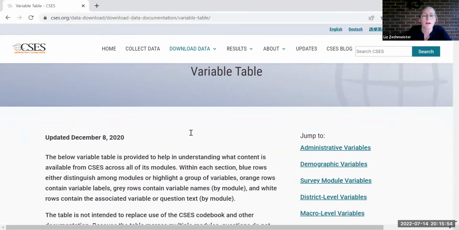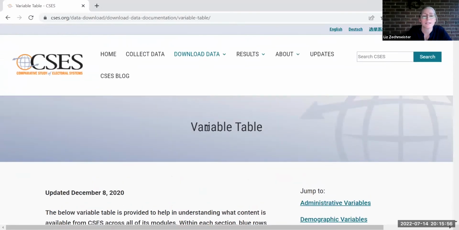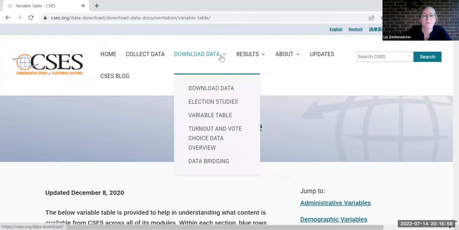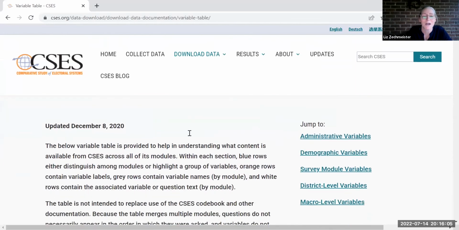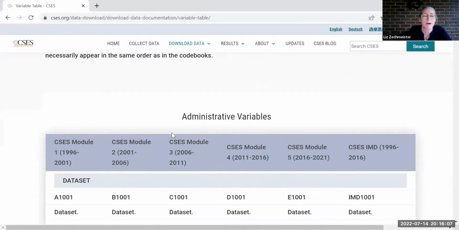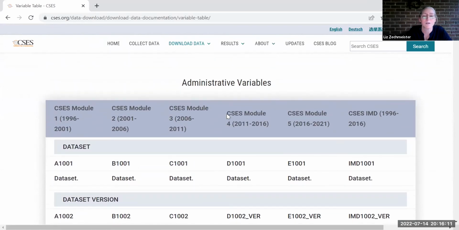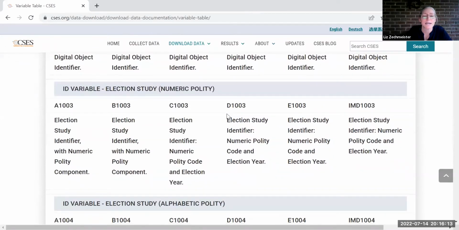So here is this variable table, which I got to by clicking on download data and then selecting variable table, sorry. You can see here the possibility of looking at the administrative variables that are in the data set.